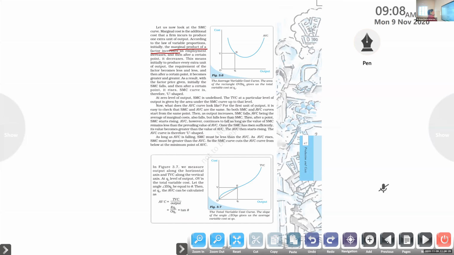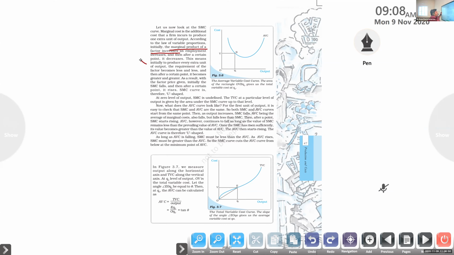This means that initially, to produce every extra unit of output, the requirement of the factor becomes less and less.